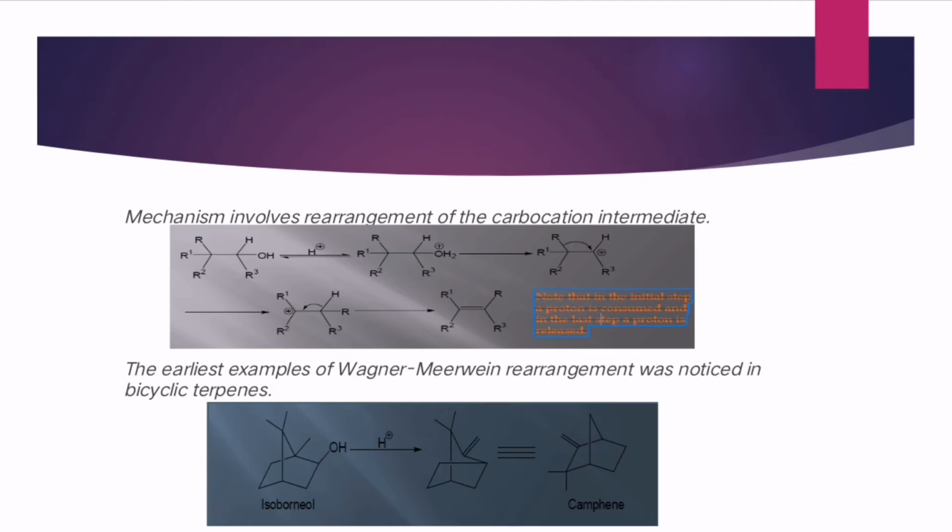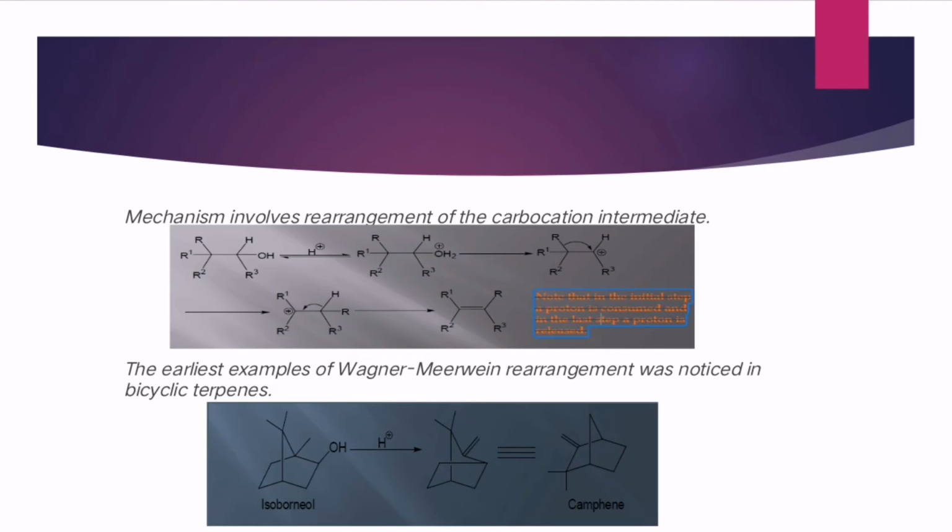After rearrangement, this R group is going to deprotonate carbon number 2, which is the migration terminus, and which will lead towards the formation of an olefinic bond.